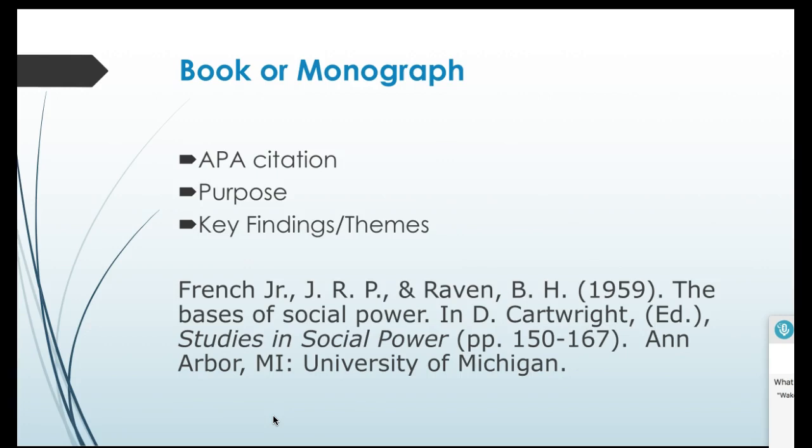If this were more than one editor, it would contain that person's first initial and last name and then Eds. period in parentheses. The title of the book is Studies in Social Power, and this is what's italicized. And here you put the pages that the chapter is listed.